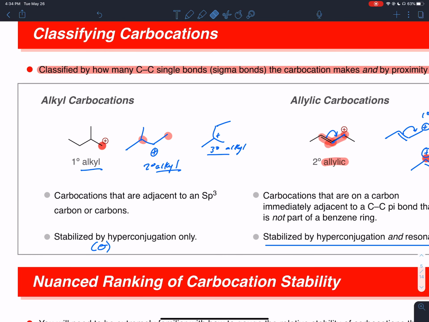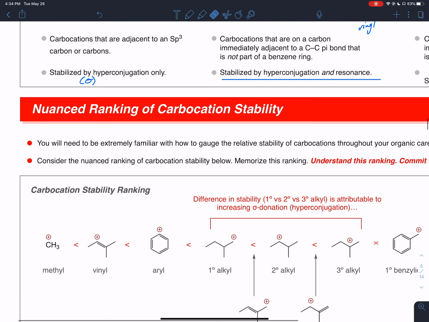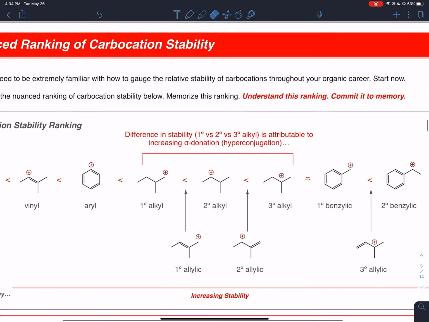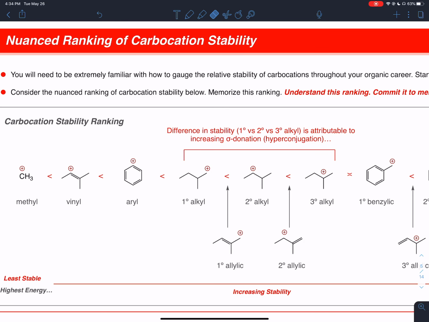So it's very important that you be able to classify effectively, because we are going to get into how we rank carbocations, and it's very effective in your ranking and understanding of carbocations to toss in these terms aryl, vinyl, alkyl, allylic, and benzylic when creating your understanding of carbocation stability. Let's get into that next.